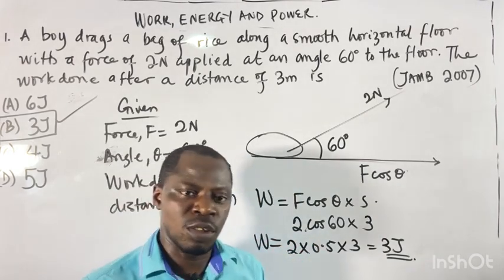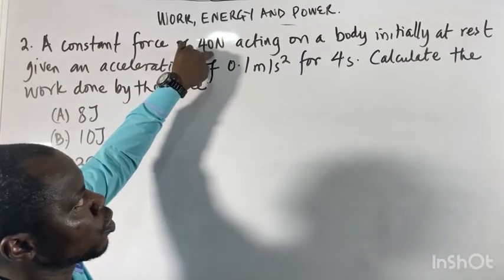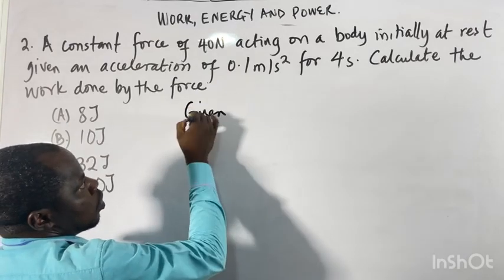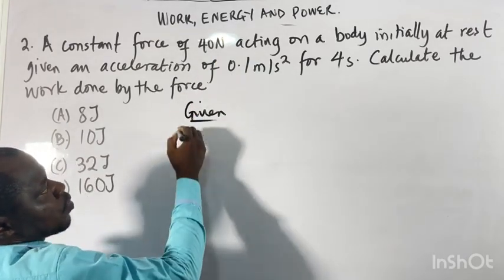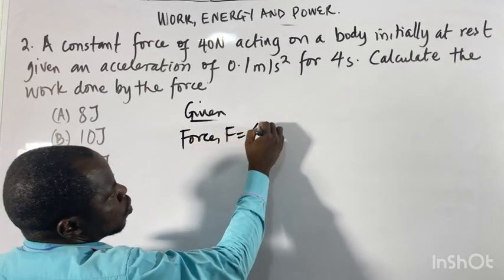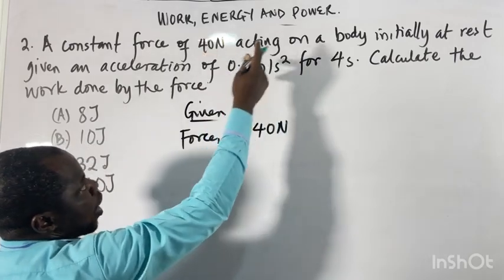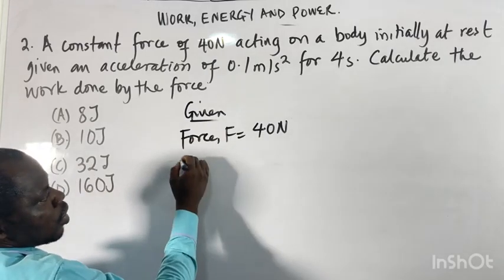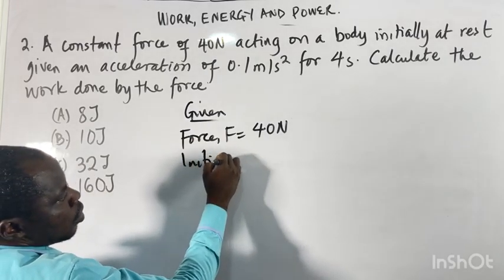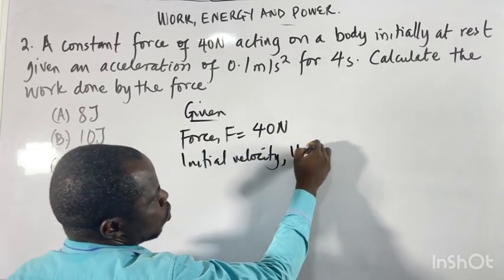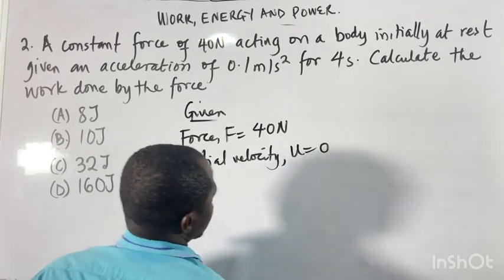A constant force of 40 newton. Now, given the parameters, let's see the data that we are given. We are given the force. Force F is equal to 40 newton, acting on a body initially at rest, meaning that the initial velocity u is 0 meter per second.